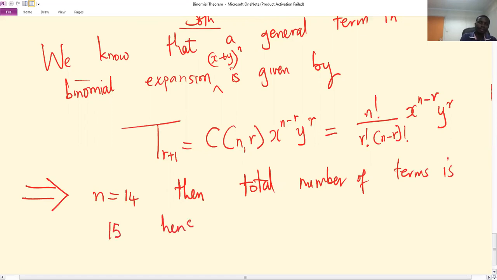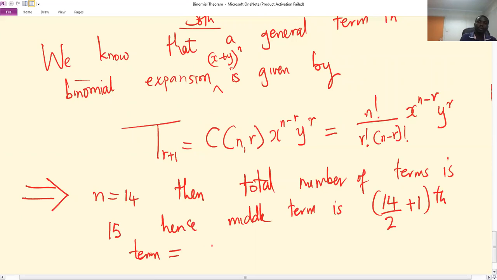Hence, the middle term is the (14 plus 1)/2, which is the 8th term.